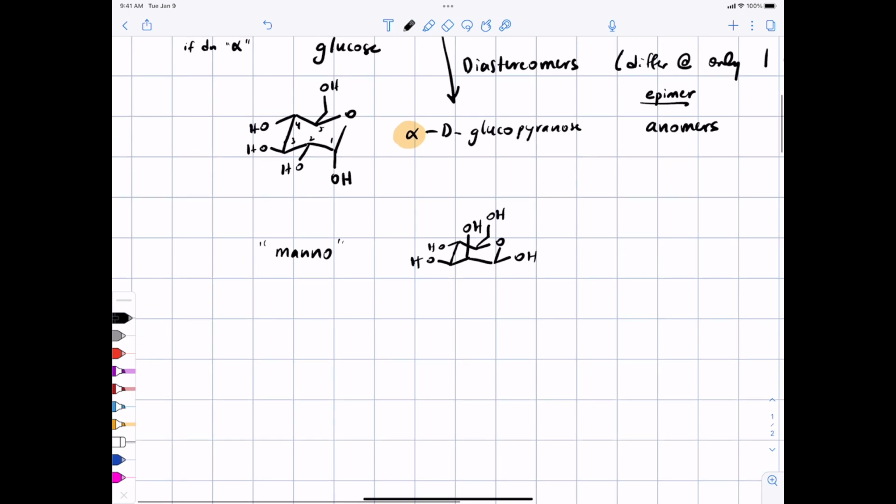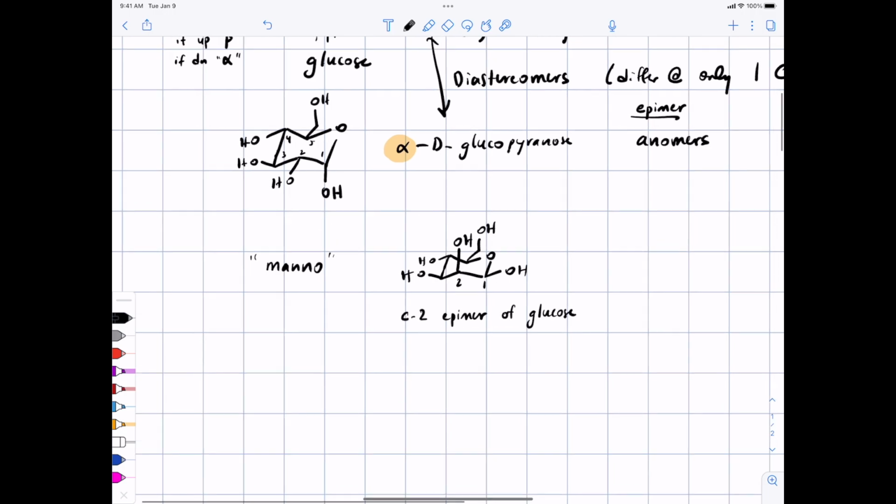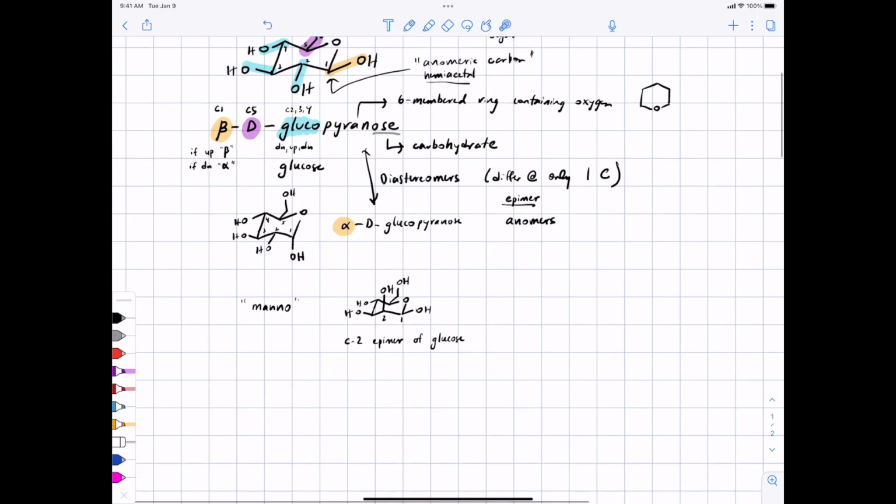So mannose is called the C2 epimer of glucose, or the C2 diastereomer of glucose. You just got to memorize glucose and then know that you flip the OH group on carbon 2, and that's mannose. Mannose is a pretty common carbohydrate. It's found in the large branch carbohydrates that are present in glycoproteins.